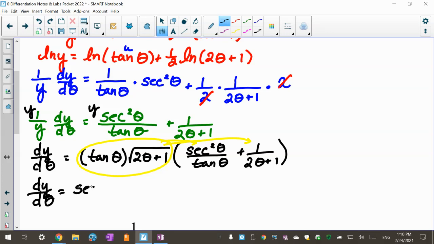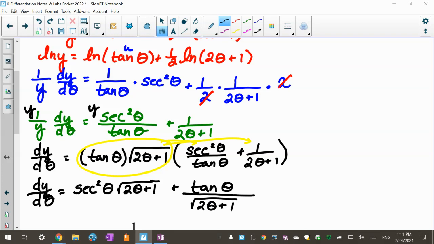So you have secant squared theta radical 2 theta plus 1, or you can put the radical 2 theta plus 1 in front, it doesn't matter, plus, now this is 2 theta plus 1 to the first power, and this is to the half power, so you end up basically on this one getting tan theta in the numerator, and then these will cancel out, well this will cancel out, and there'll be a radical left in the denominator.